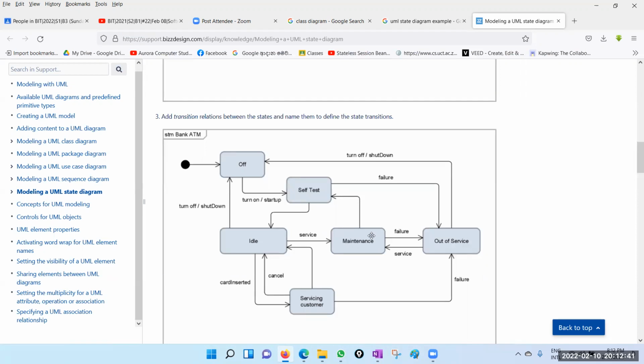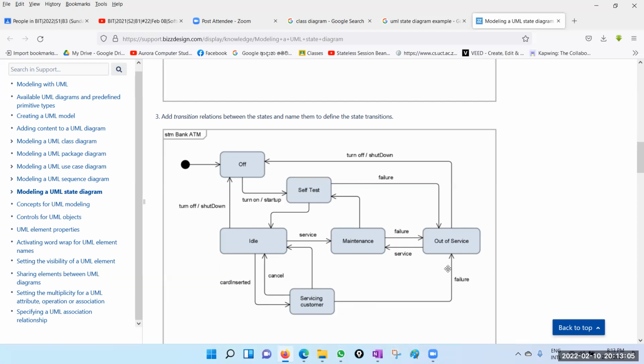While we are doing those things, others cannot interact with the system and withdraw money, and it can again go back to self-test and come back to idle. So again, it's servicing the customer. And sometimes due to failures, maybe while it is serving also, it can go to out of service.